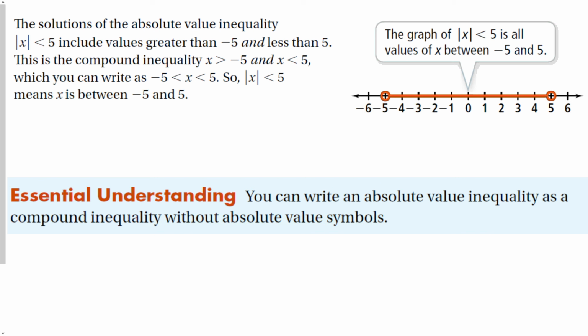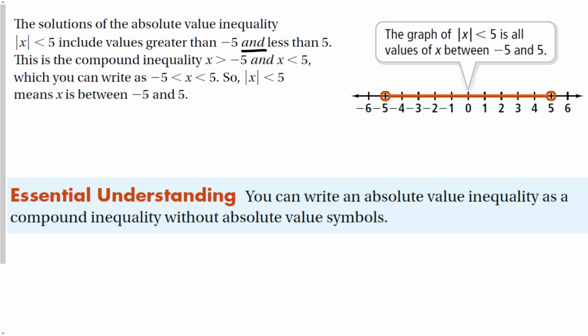And if we look at it, it looks like an and inequality, where the middle, the part that is overlapping, is my solution. So I can rewrite this as a compound inequality.